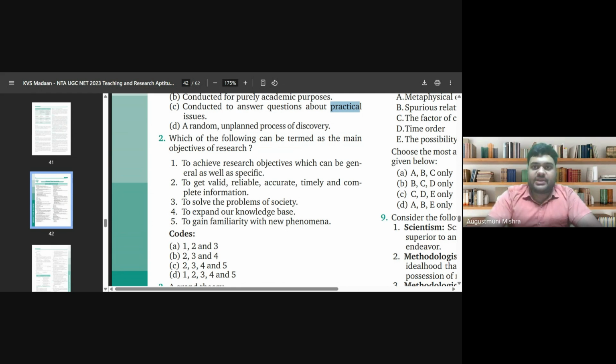Please tell me what will be the answer, because this is a question where you have to choose multiple options. Okay, D: 1, 2, 3, 4, 5. You're saying D. I'm just waiting for the answers.